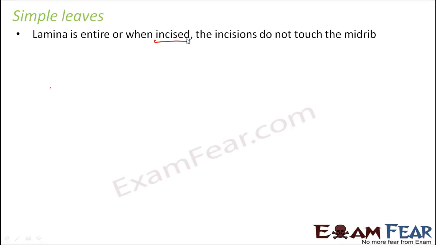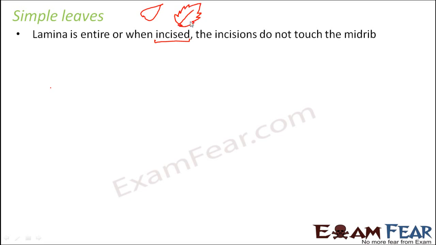Here, in case of a simple leaf, there are two options. Either the lamina of the leaf will be entire, which means it would be something like this, a plain lamina. Or if it is incised, the incisions do not touch the midrib. If this is the midrib, and this is the lamina, it is incised, maybe something like this.